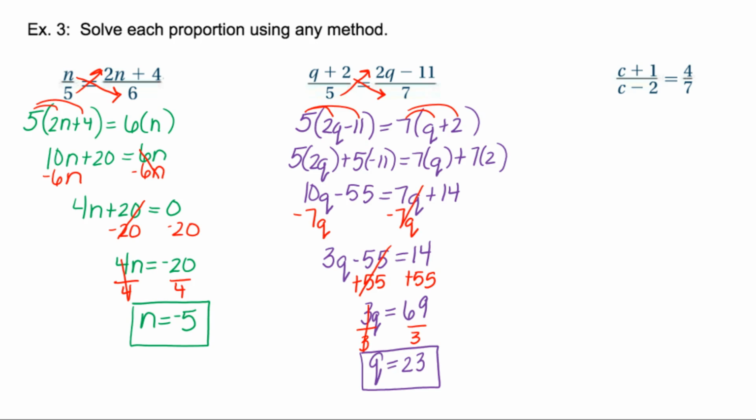All right, one last one we're going to do together here. C plus 1 over C minus 2 equals 4 over 7. Again, I'm going to cross multiply. So 7 times C plus 1 equals 4 times C minus 2. I'm going to end up with distribution on both sides again.